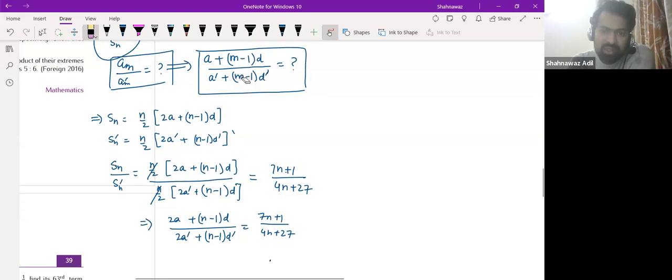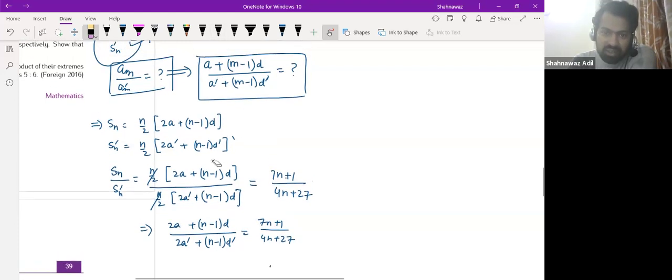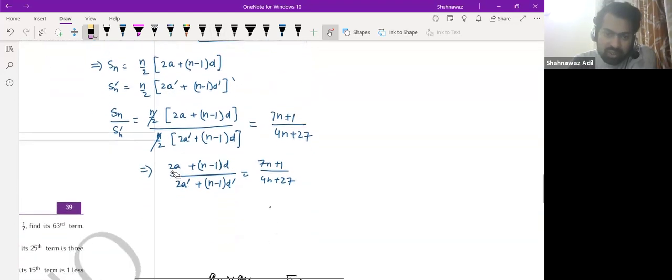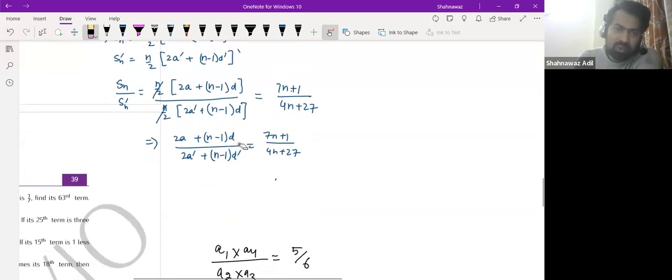So if we compare this with this, what do we need to do more so that we get this kind of an equation? You see that this is a, so this is 2a. We have to take 2 common from this. If we take 2 common, this is a plus n minus 1 by 2 d.